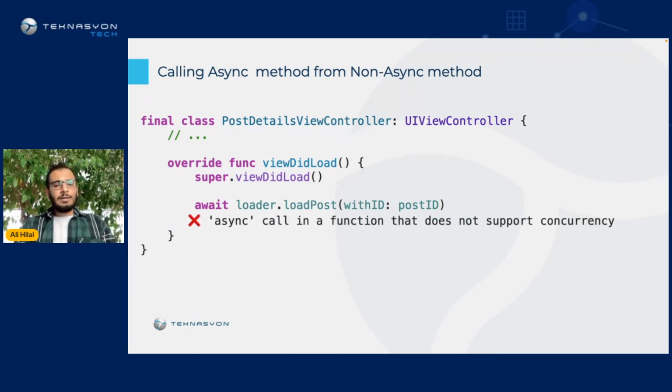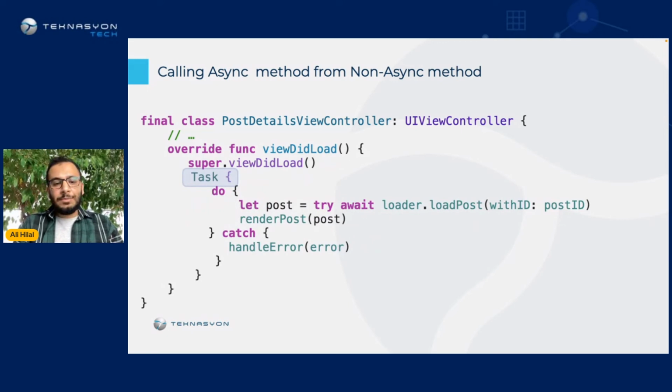The Swift compiler is telling us that we cannot call an asynchronous function in a context that isn't itself asynchronous. Here, view.load is a plain non-async method, so there needs to be a way to bridge the gap between the synchronous and the asynchronous worlds.